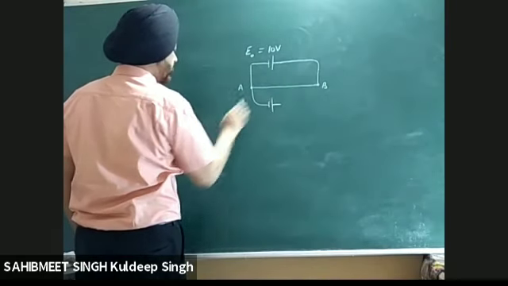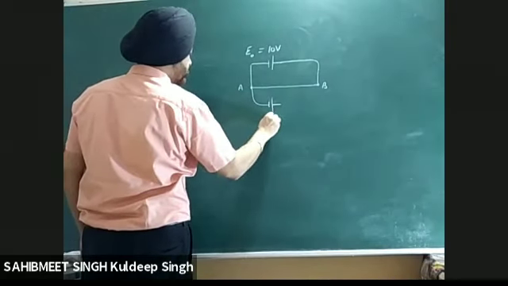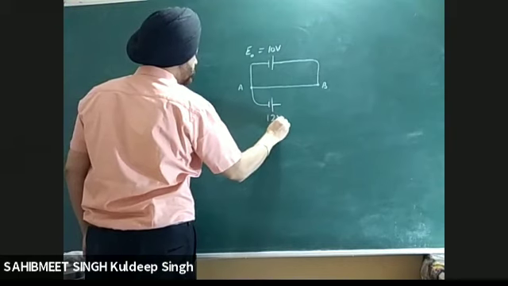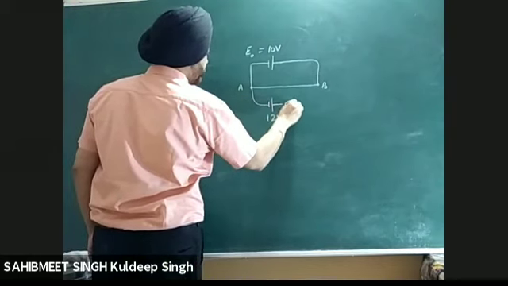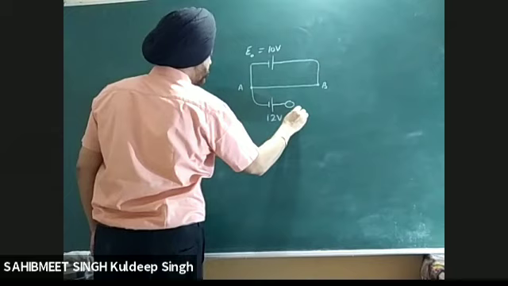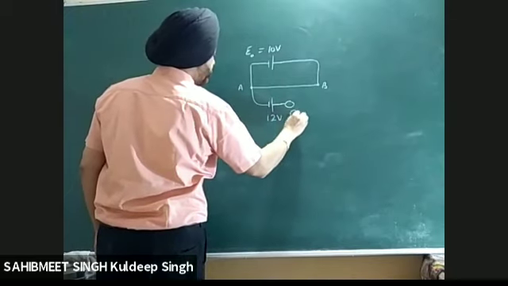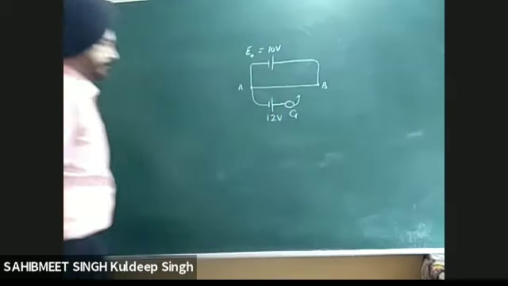Remember, negative and negative. This is say 12 volt, with a galvanometer and jockey.